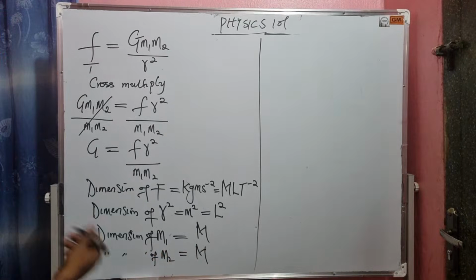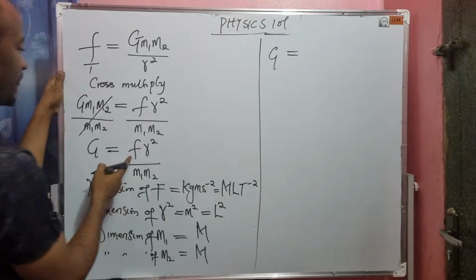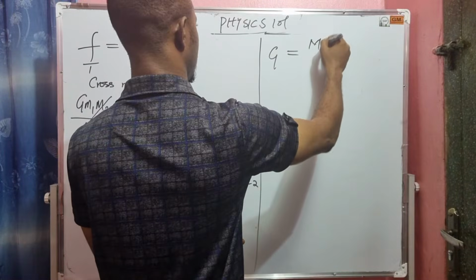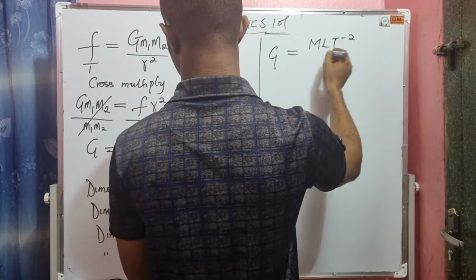Now the next is to input all the values, right? Then our G becomes, our force is M L T minus 2, right?